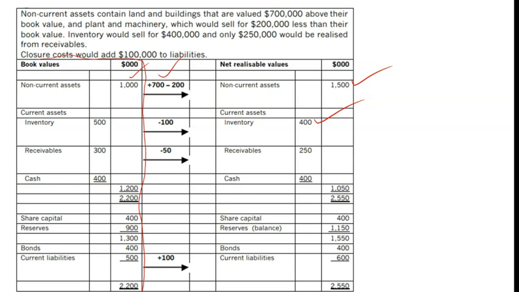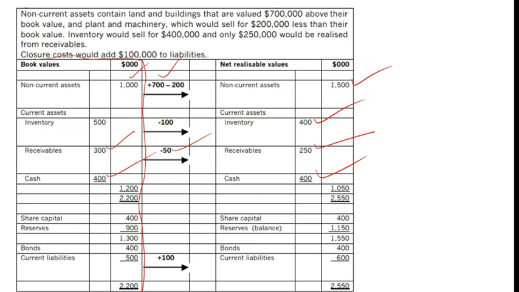Then only 250,000 would be realized from receivables. So our receivables value should be 250, which means if they were 300 according to the records, we have to reduce them by 50. The cash can't change, it will just be the same.